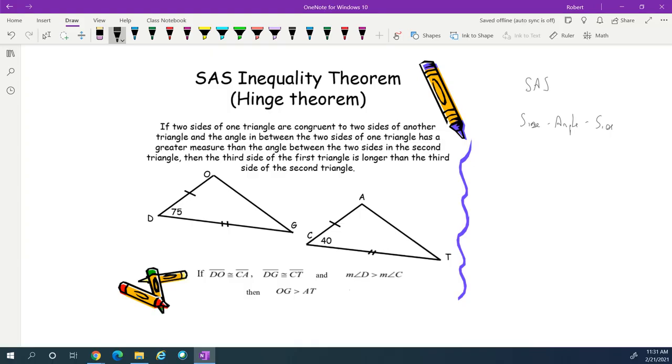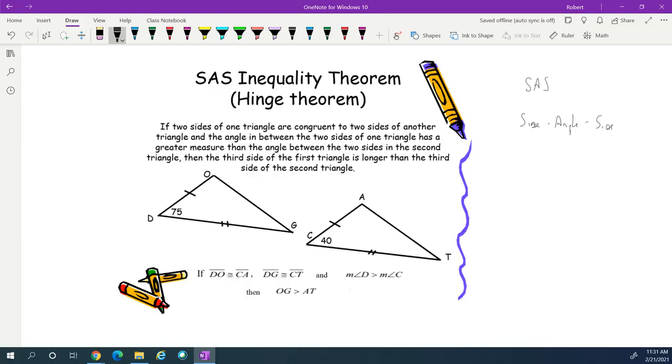We're just trying to figure out, if we know two sides and the angle between them, how can we compare the third side? So remember, the name of the rule is based on the information we know. How we use it changes. We used to use SAS to determine if the triangles were congruent. Here, we're using SAS inequalities to determine the third side, how it compares.